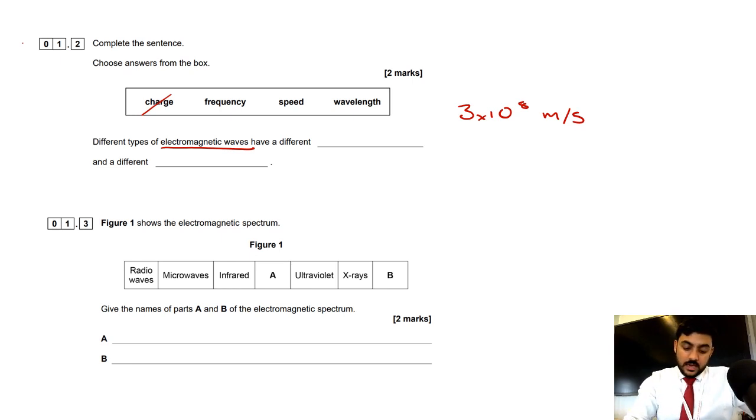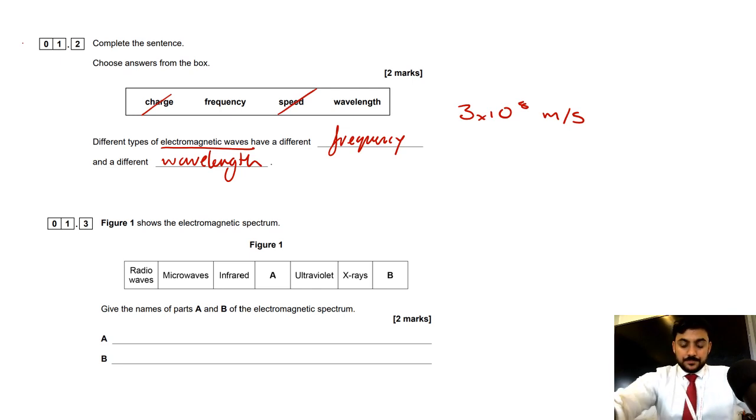So that's not it. And then frequency and wavelength are our answers. So different types of electromagnetic waves have a different frequency and a different wavelength. It doesn't matter which order it's in.